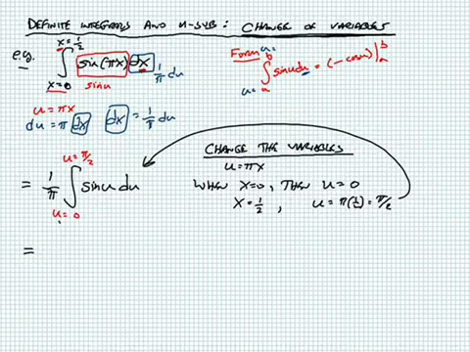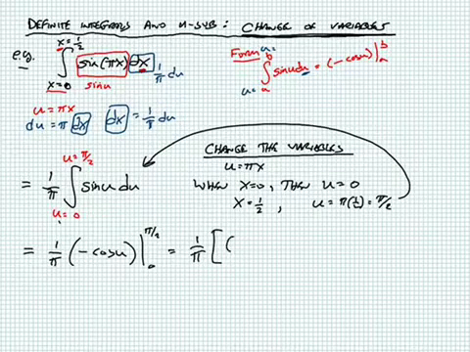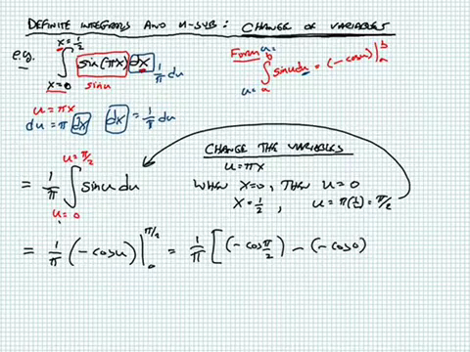Okay, so now I treat this like a regular definite integral. So I've got 1 over pi times the antiderivative of sine of u, which is minus cosine of u, evaluated from 0 to pi over 2. So this is going to be 1 over pi times minus cosine of pi over 2 minus a minus cosine of 0.